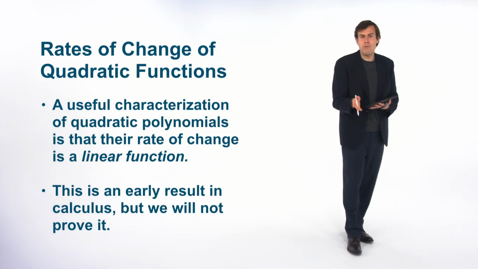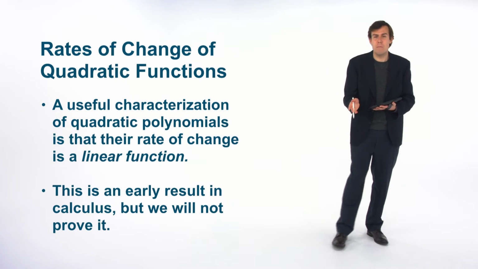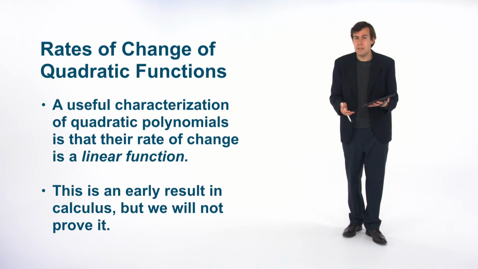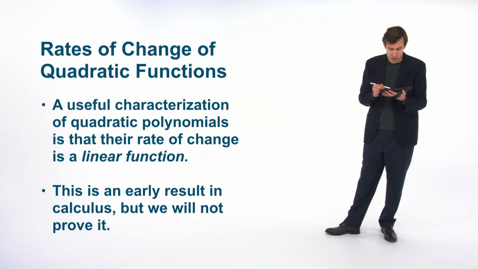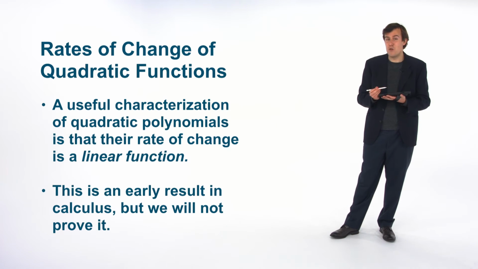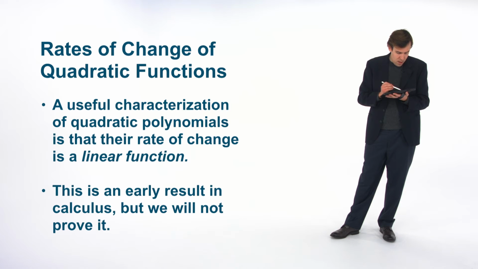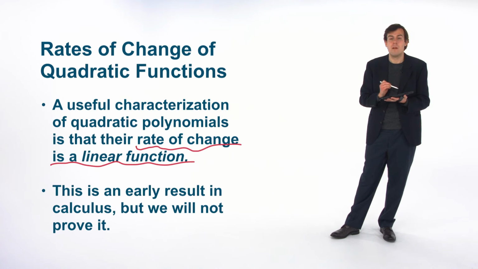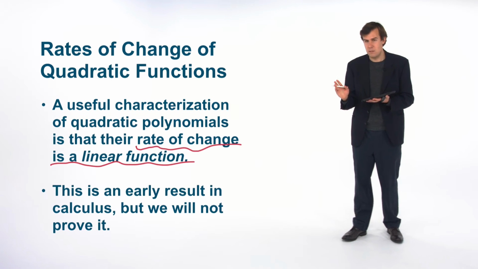We're not going to compute the derivatives of degree 2 polynomials, but we are going to make some observations that may be valuable for you on some of the trickier CLEP questions, which is the following. Quadratic polynomials have a rate of change that is a linear function. So think about what this means.